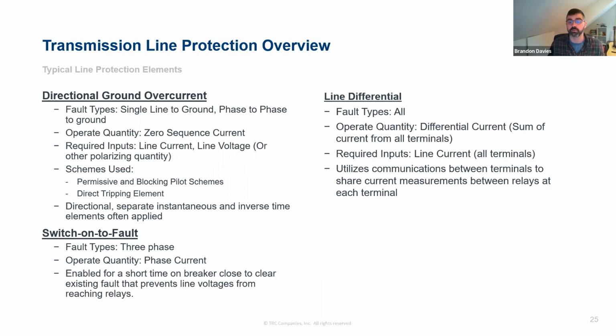All the current going in one side needs to equal the current going out. So by sharing those measurements between the two terminals and synchronizing them, you can make a very accurate determination of whether the fault is on the line or not, because you're looking at all the currents into and out of the line.